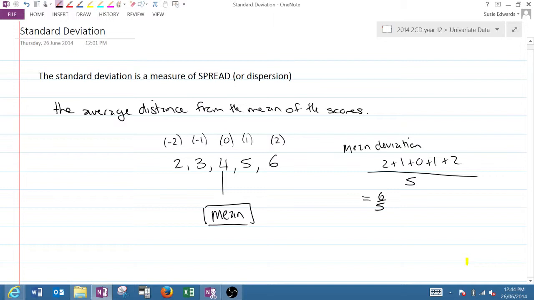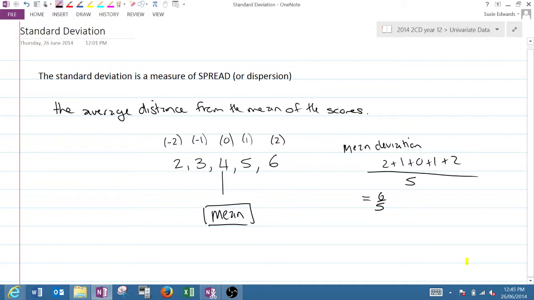Instead, what we do is we times each number by itself, because for example -2 times -2 is +4, okay? So it's a different number, but it's a positive number.